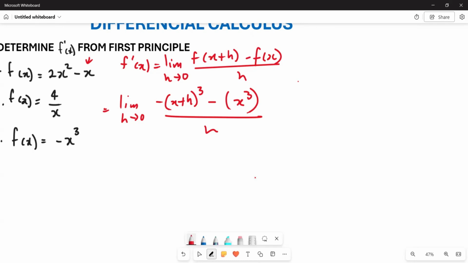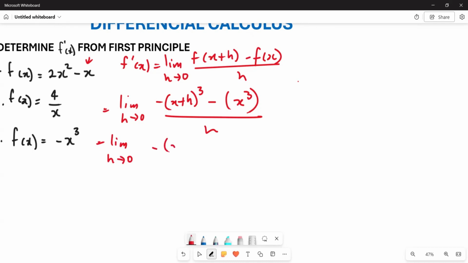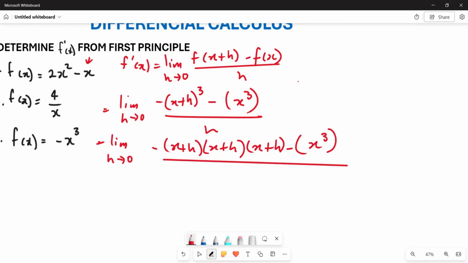From here, when you are substituting, remember this is the same as your limit as h approaches 0. This is actually the same as negative into (x plus h)(x plus h)(x plus h), subtract x cubed, close bracket, over h.